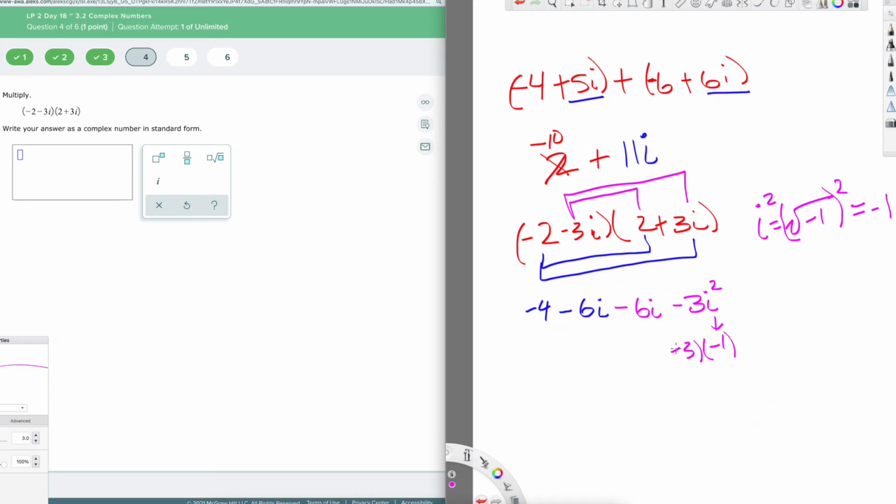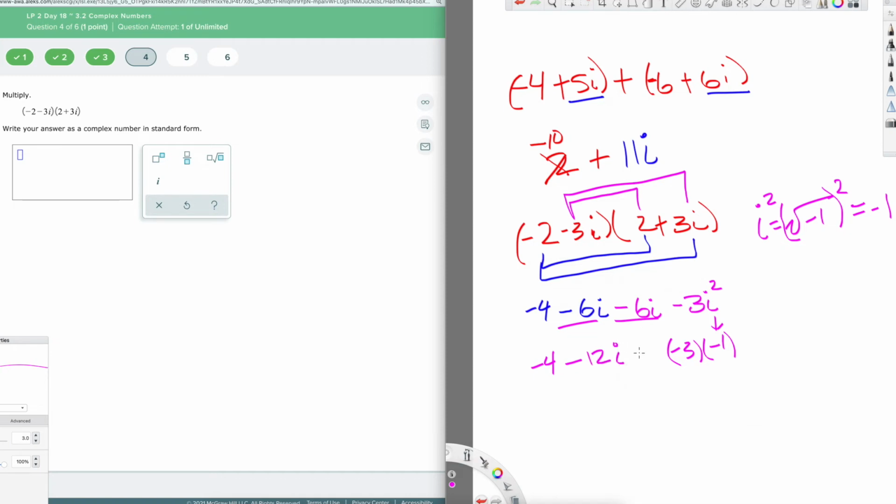So when we see that i squared, once we start adding other exponents, we need to start applying those other exponents. It definitely makes it a little different here. I have some like terms I can combine in the middle here. So I have negative 6i and negative 6i, that's negative 12i.